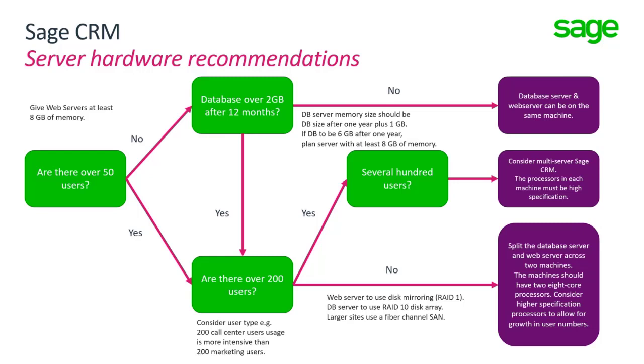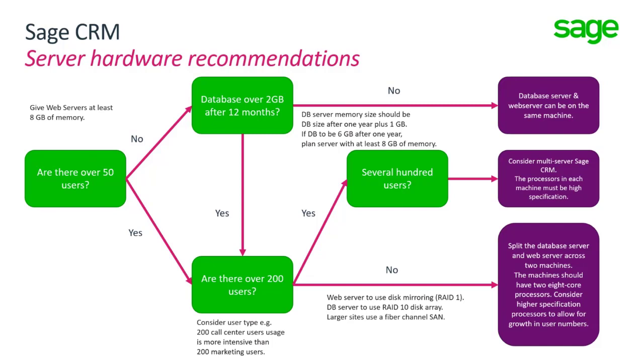So this slide represents 2019 R2, and I believe there's going to be some recommendation changes for 2020 R1. So when it comes to look at the documentation, it's well worth looking at. This is drawn from the documentation, but presented in graphical form rather than in simple text form. So you can see where we are identifying how many users that we have.